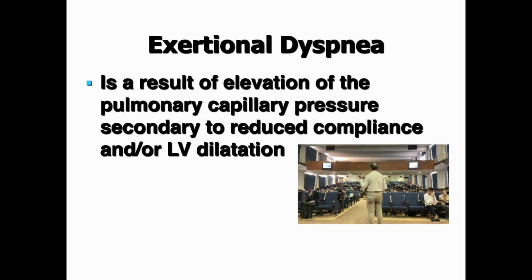When the pulmonary venous pressure starts rising, the pulmonary arterial pressure will also start rising. Basically, the pulmonary capillary wedge pressure starts rising and the lung compliance starts decreasing. Whenever there is congestion in the lungs, the lung compliance decreases, and the work of breathing becomes more and more. So the patient starts developing symptoms.